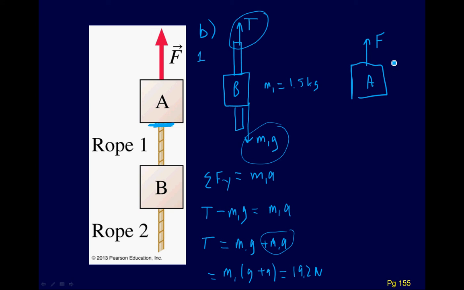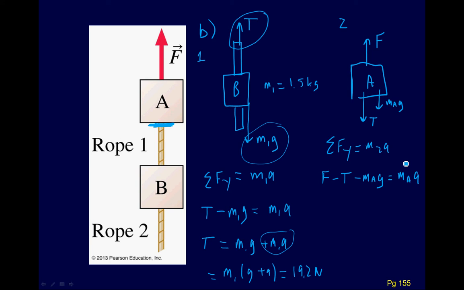Now I can also do it with this system over here, which I'll call system 2. There's a force upwards on this, the weight MA G acting down, and then there's this same tension from rope 1 that's pulling down. So there are three forces on this one. If I do my Fy equals M2 A, so force minus that tension minus MA G equals MA times acceleration.